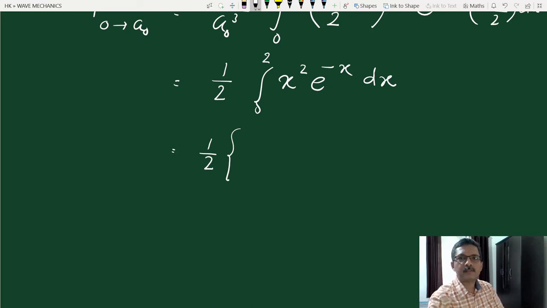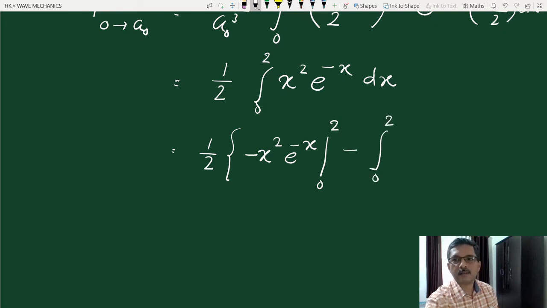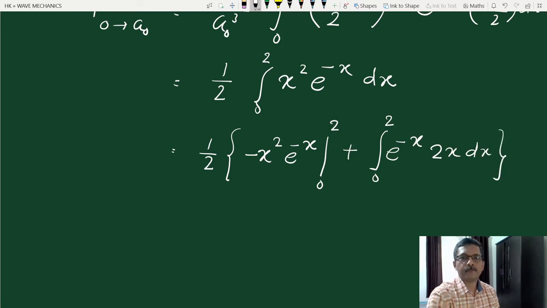So it is half. We can take this x square as the first function, and e raised to minus x as the second function. So we have first function into integral of second function, uv within the limits 0 to 2, minus integral v du. V is the integral of the second function, so we have a plus here, e raised to minus x 2x dx. Now opening the brackets, when you put the upper limit, we get minus 4 e raised to minus 2.